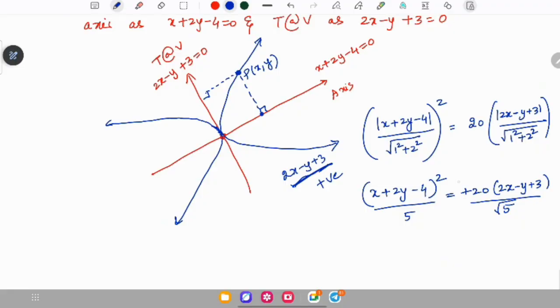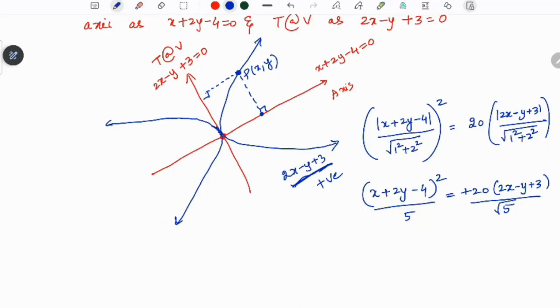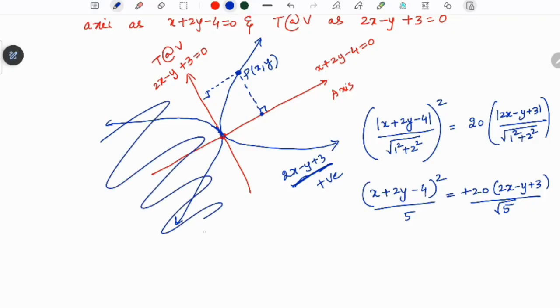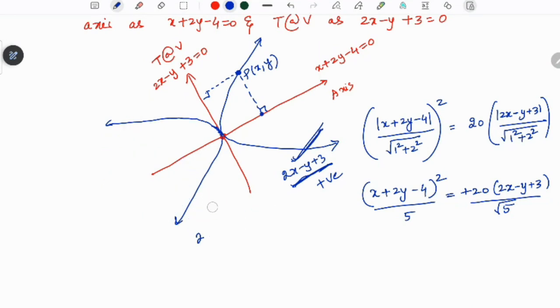So that means the parabola will be the one with the plus sign. And for the other one, if 2x minus y plus 3 is positive this side for all the points, on this side it must be negative. All right. So for this, if we are taking the plus sign, for this we have to take the minus sign. Okay, those questions also we are going to do.